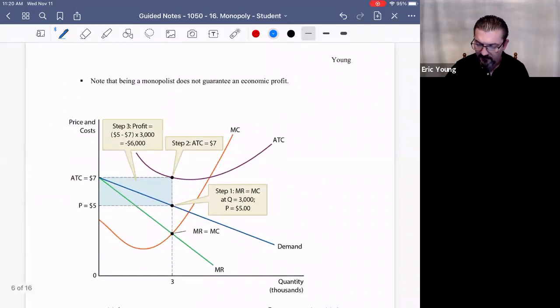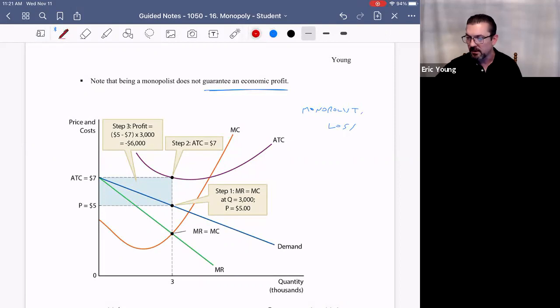Final thing I want you to take away from this discussion, just because you're a monopolist does not guarantee a profit. A monopolist can take on losses. So let's quickly graph out a monopolist facing a loss. We'll go to red for some contrast, okay? Same basic idea.